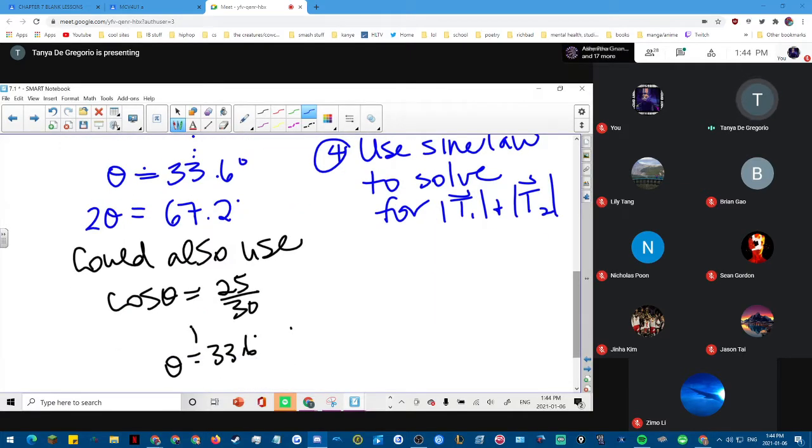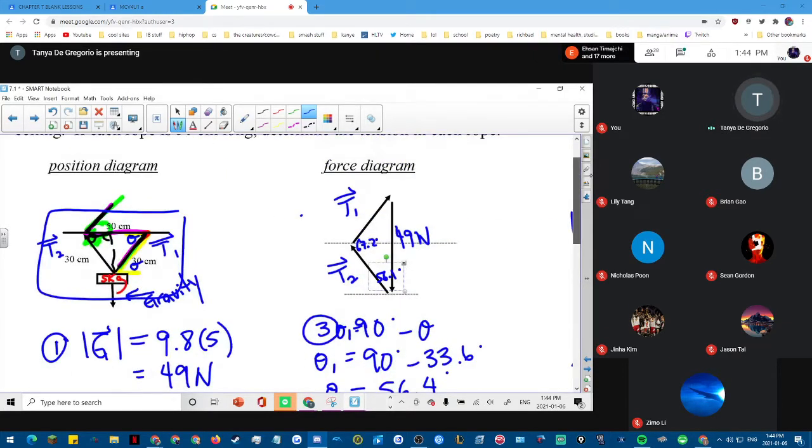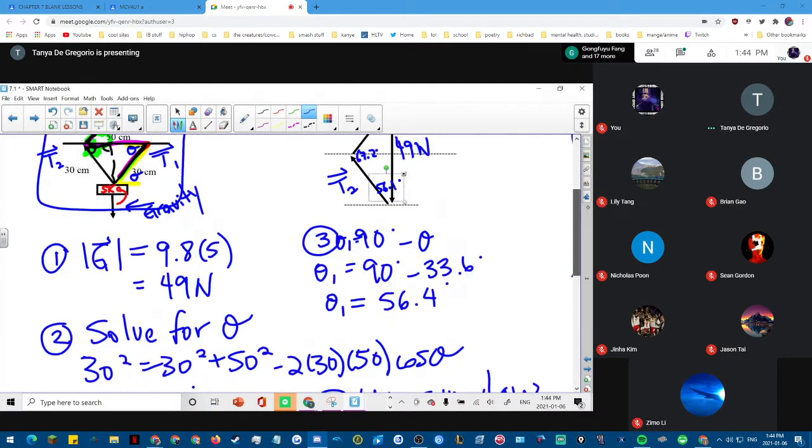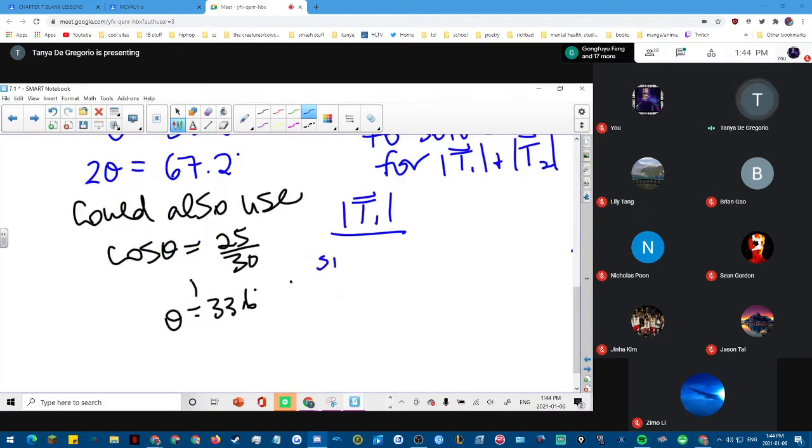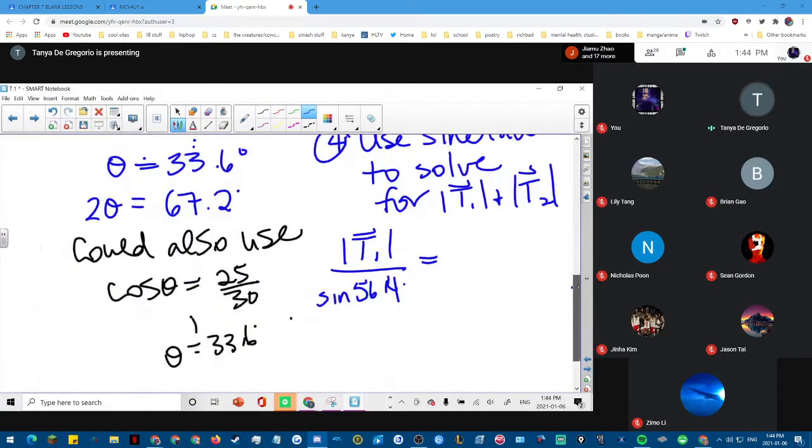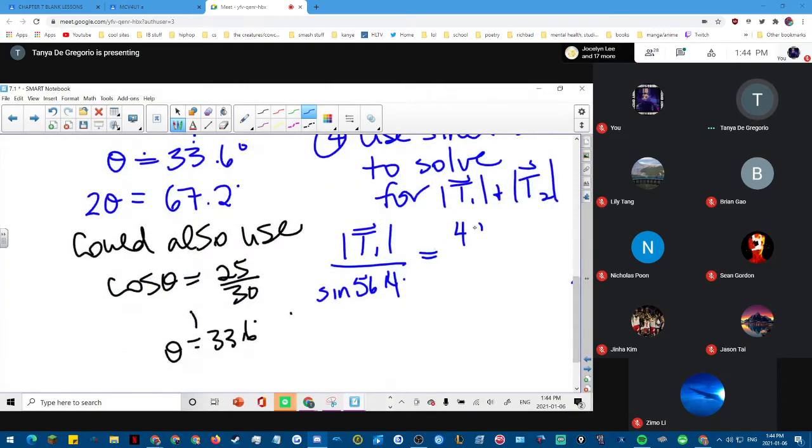And so using the sine law, I can say the magnitude of tension 1 over the sine of 56.4 is equal to 49 over the sine of 67.2.